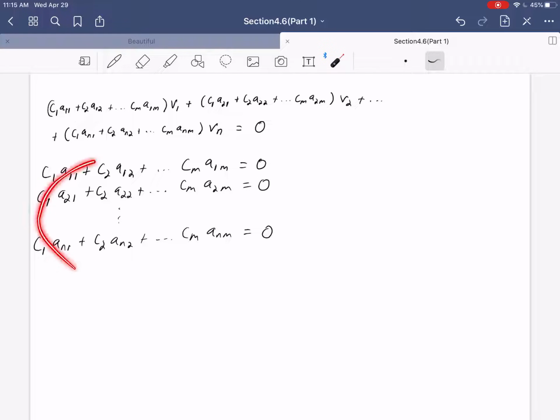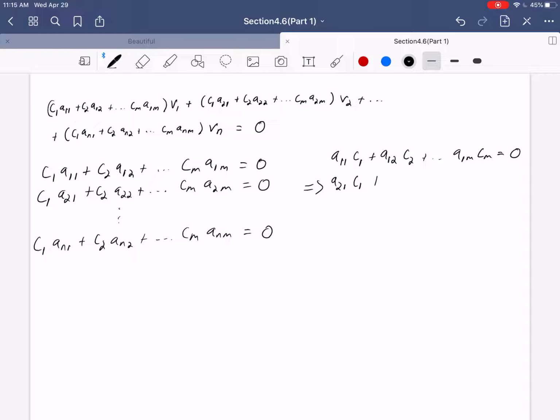Now, this is pretty messy, but what I want to do is rewrite this, not by changing anything, but just by flipping these. So I'm going to write the A's first and then the C's to make this a little bit clearer. So this is the same as saying A11 C1 plus A12 C2 plus dot dot dot A1M CM equals 0.